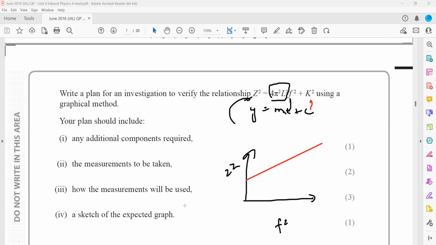And why is it a straight line? Because 4π²L² is constant. So it should be a straight line above the origin, having a positive y-intercept. Is it clear?